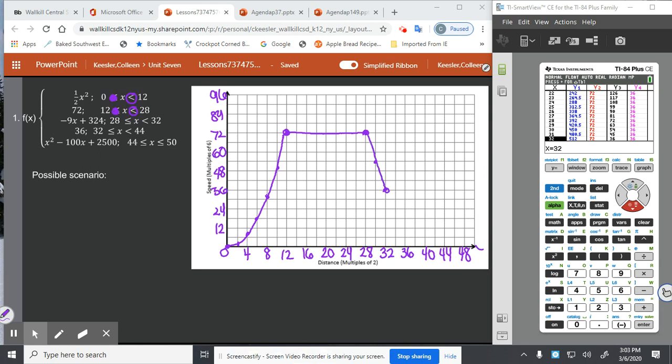And then I go to 36, which is my column in magenta, and that's going to stay at 36 until I get to 44. So a straight line staying at 36 and closing that circle until we get to 44. And then we put another open circle there.